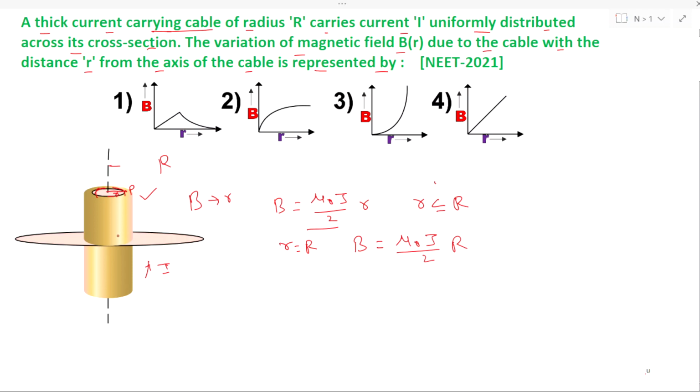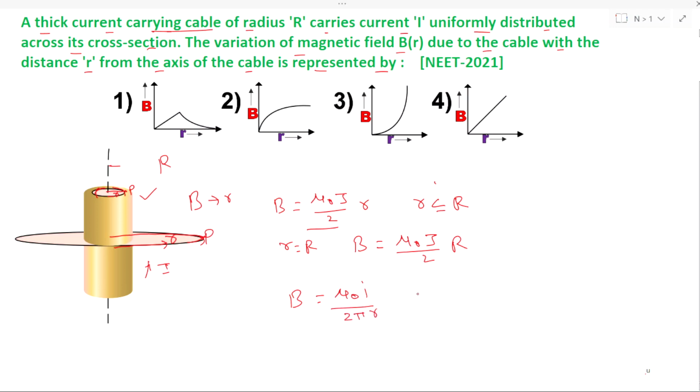Now let us consider one more point which is outside the cable and which is at a distance r, and consider a circular Amperian loop like this. Now if you apply Ampere's circuital law at this loop, you will get the value of B at this point as B is equal to mu naught I by 2 pi r.